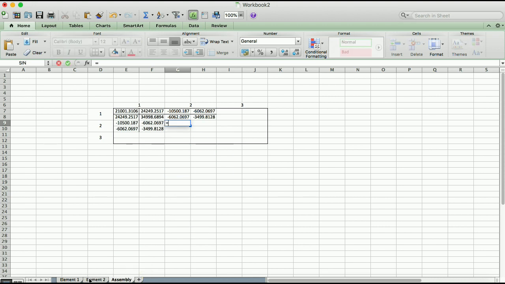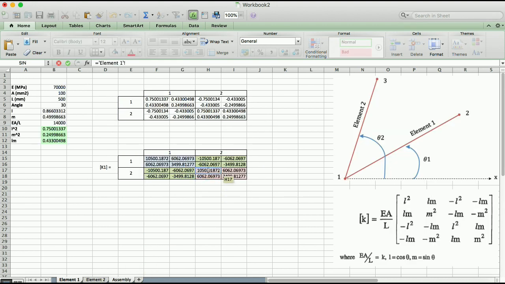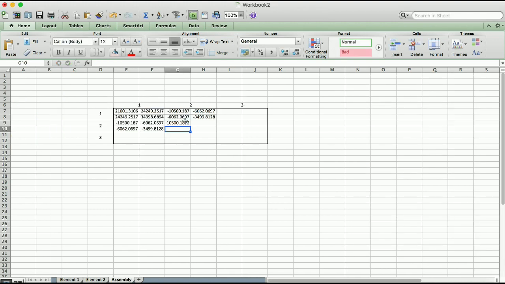We take the number from element 1 again. And we extend the function.